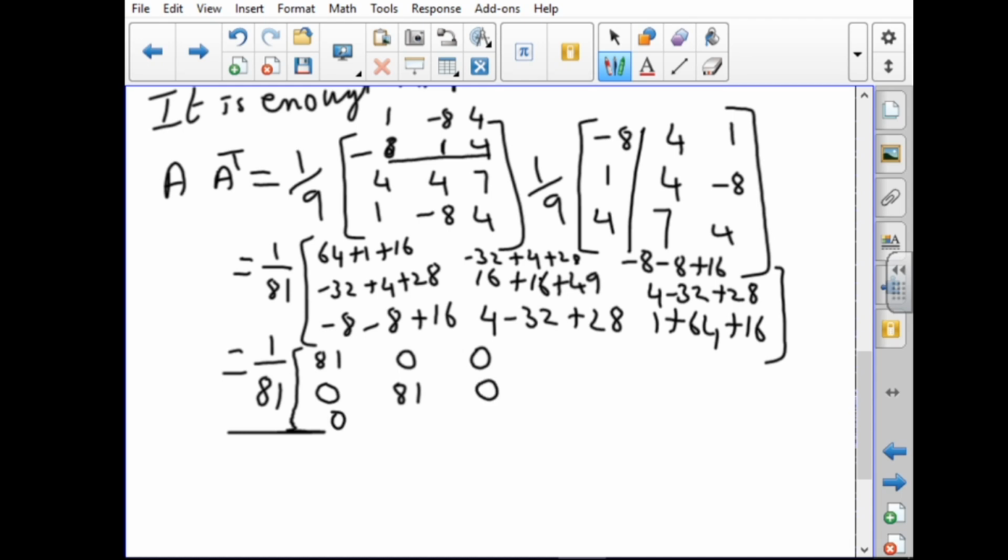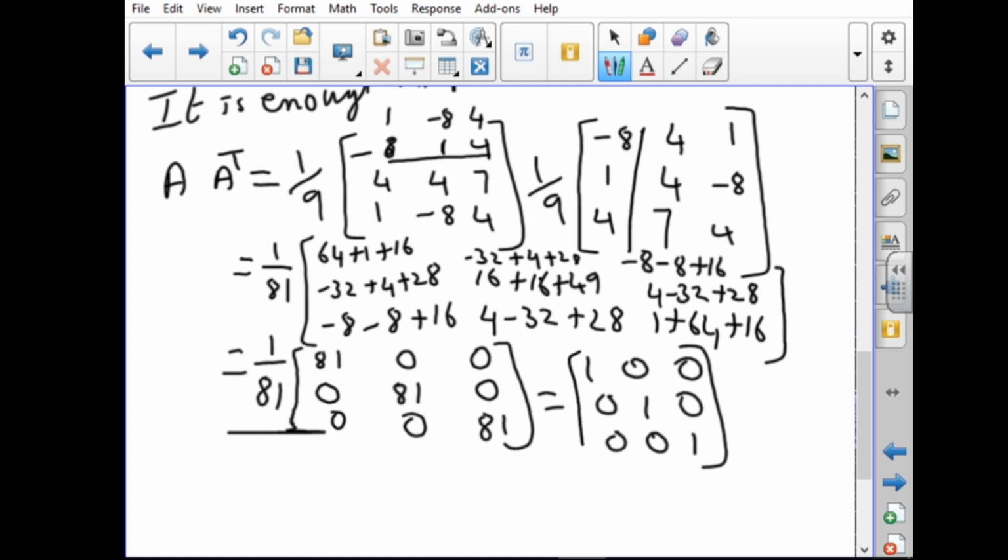Then this gives you 0 and this is 0 and this is 81. So taking this 1 by 81 inside we get 1, 0, 0, 0, 1, 0, 0, 0, 1, which is equal to I3, that is the identity matrix of order 3.